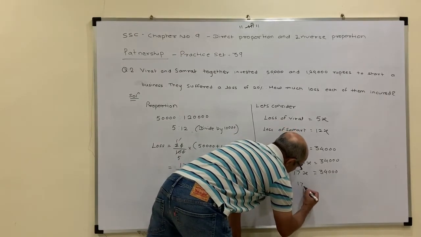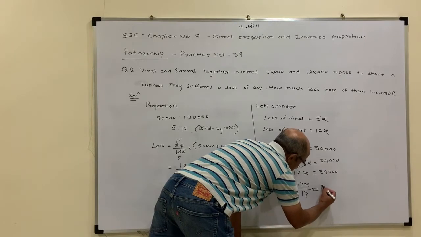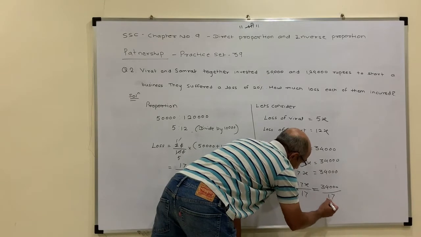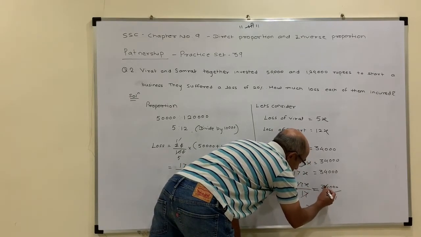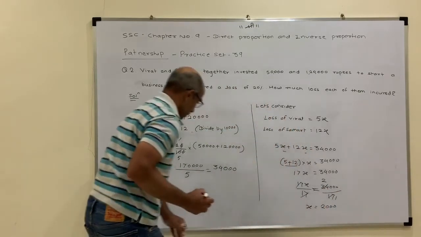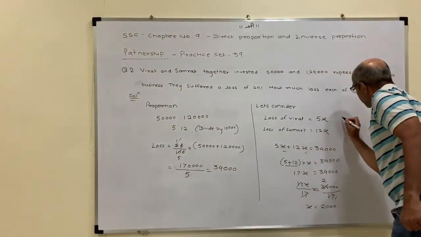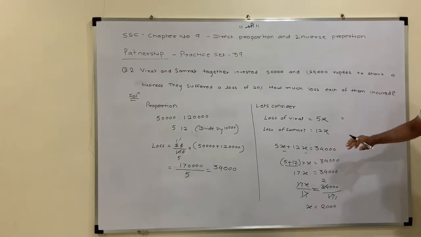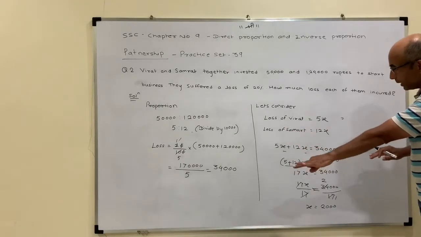So now I'll be dividing 17 on both sides: x equals 34,000 divided by 17. 17 gone, x equals, 17 2s are 34, so x equals 2000. So now the loss of Virat will be, you need to write it separately. Due to the lack of space, I am writing the answer over here. You need to have a separate section for the answer.